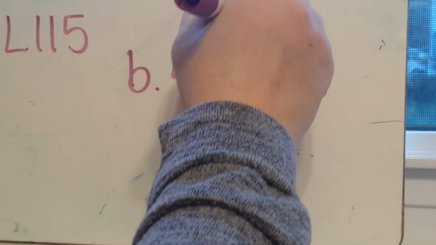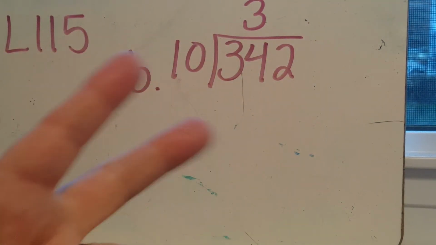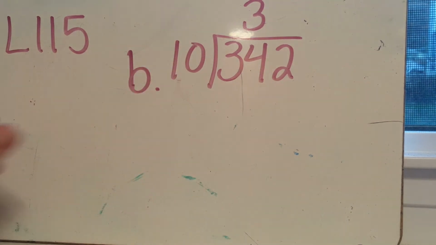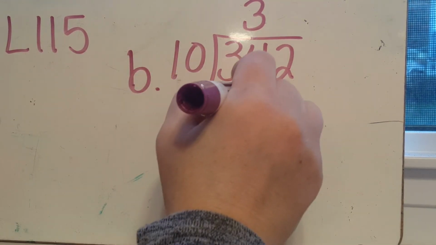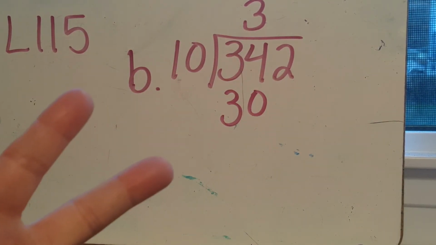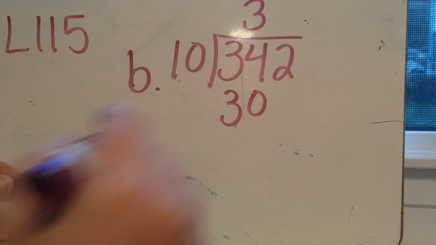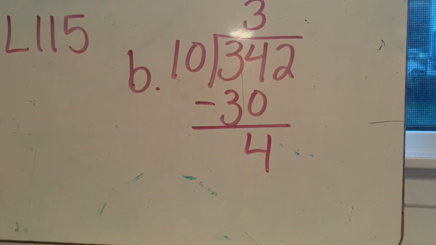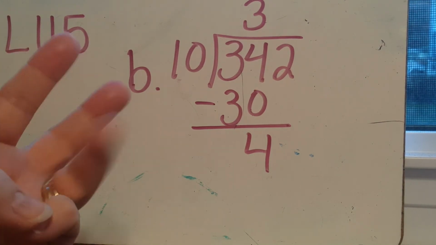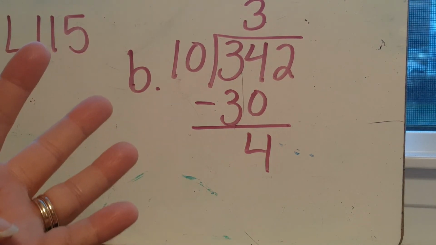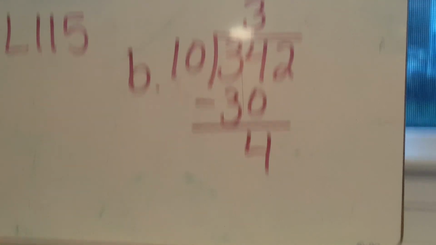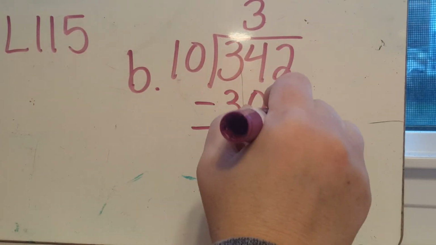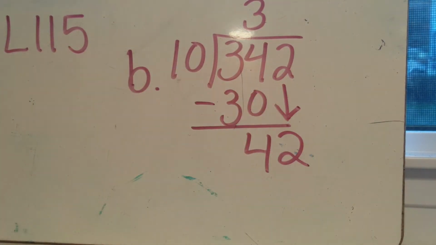So put your 3 up at the top. Divide, multiply. 3 times 10 would be 30. Divide, multiply, subtract. 34, take away 30, gives us 4. Divide, multiply, subtract, bring down. Do we have something to bring down? Yes. Draw your arrow and bring down your 2.